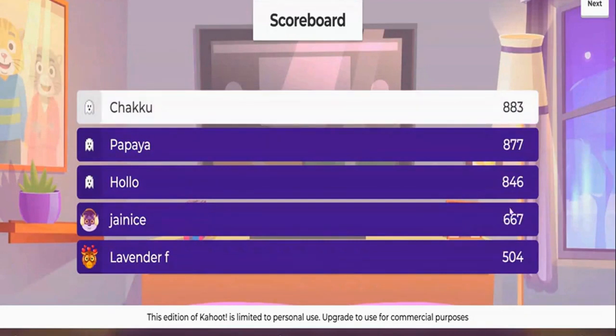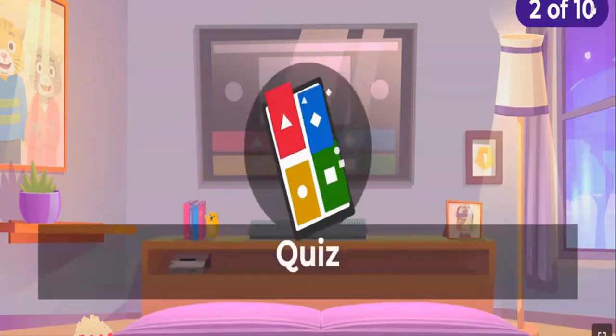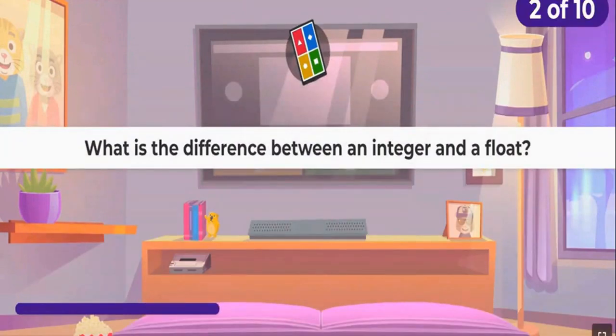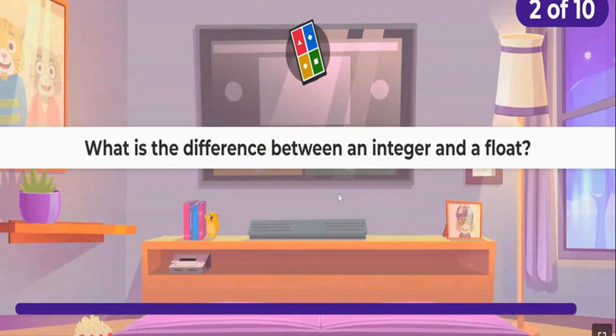So I see Janus is quite high, and then we have Lavender following. What is the difference between an integer and a float?